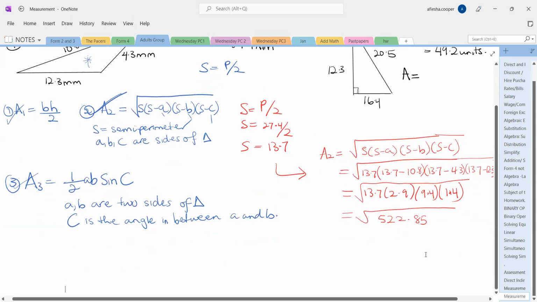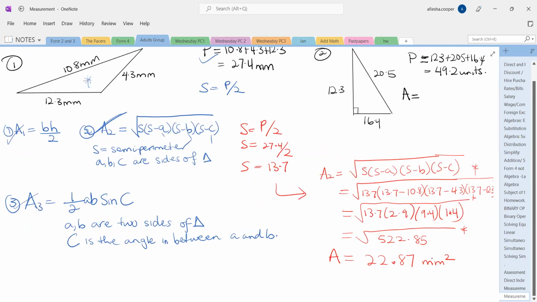And then the square root of that is 22.87 millimeters squared, because it's area. And that's how we work out our areas. This process is a little tedious, because you have to make sure all is correct. But once you take your time, it's pretty easy. So that's how we work out the area of the first triangle.